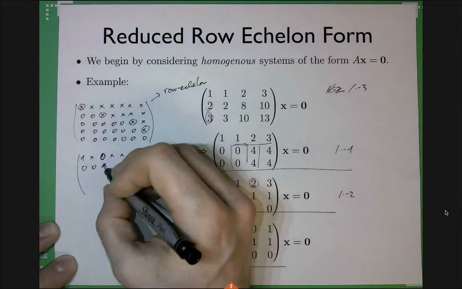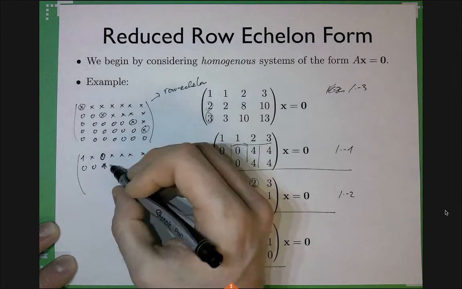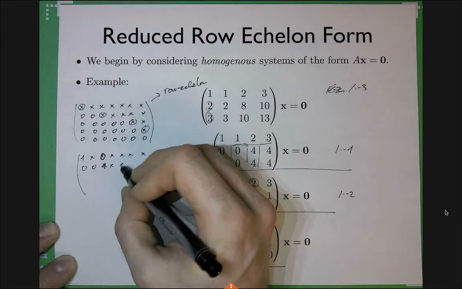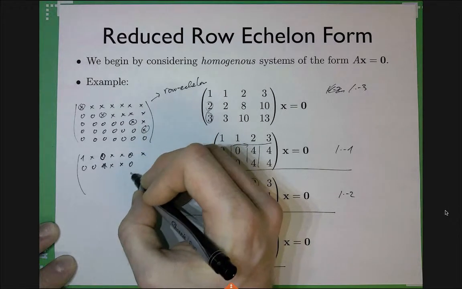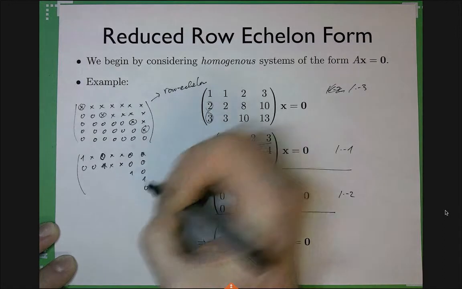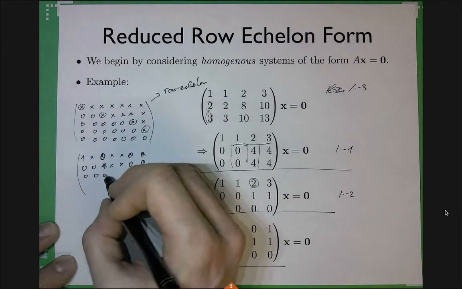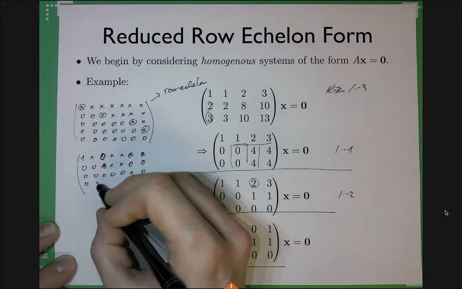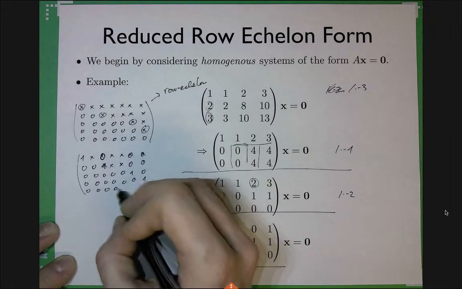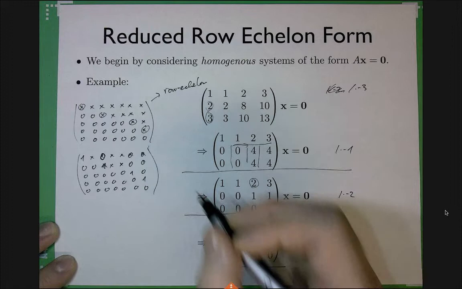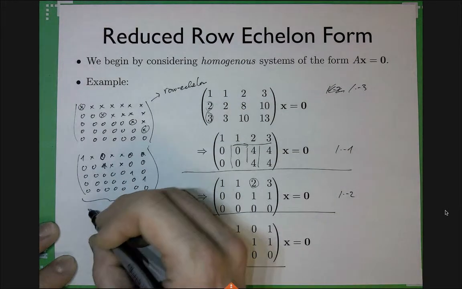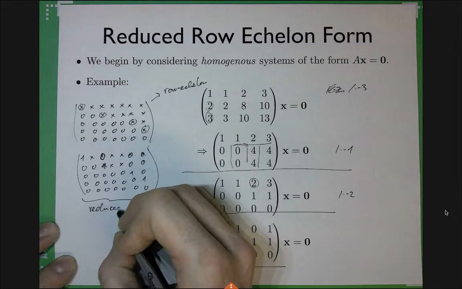So the reduced row echelon looks like this: 0, 0, 1, then 0, 0, 0, 1. This is just to give you a graphical idea of how reduced row echelon matrices look. And there can be an arbitrary number of zero rows. So this is a row echelon, and this is a reduced row echelon.